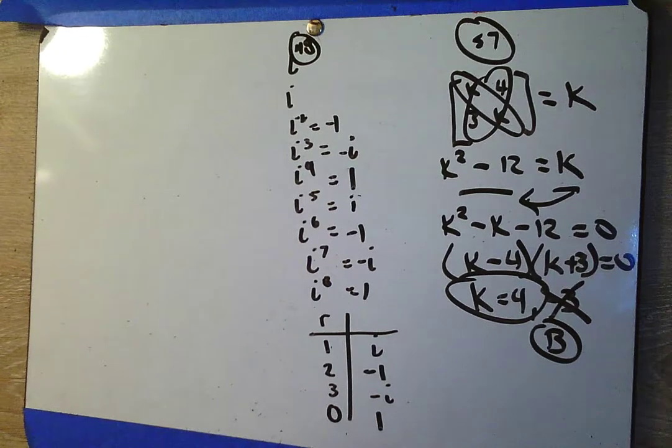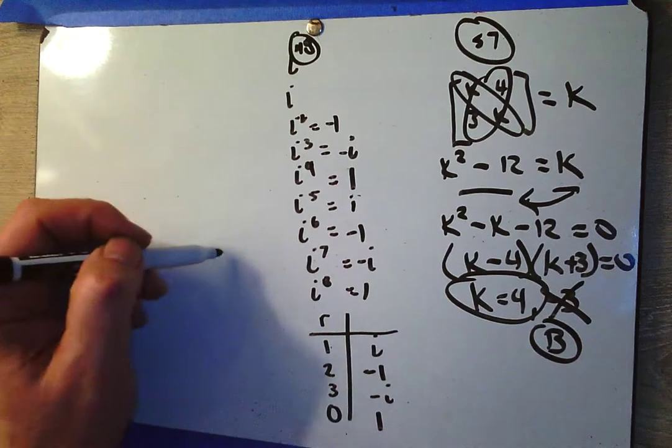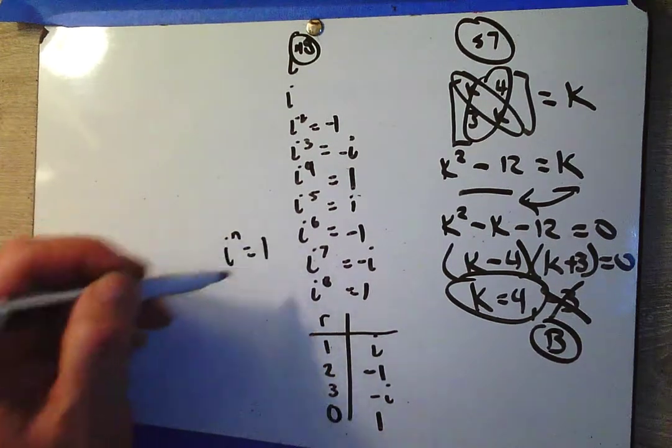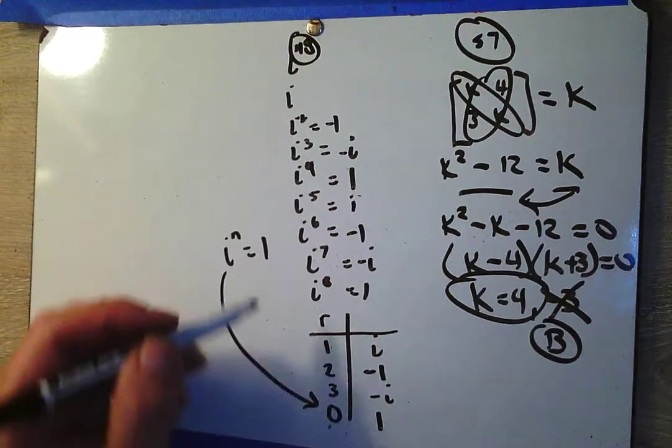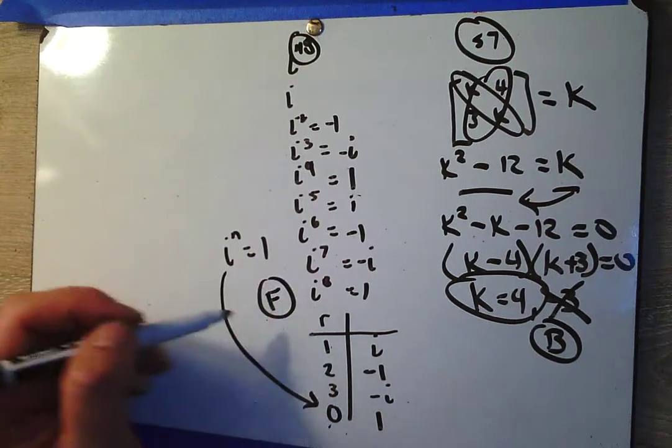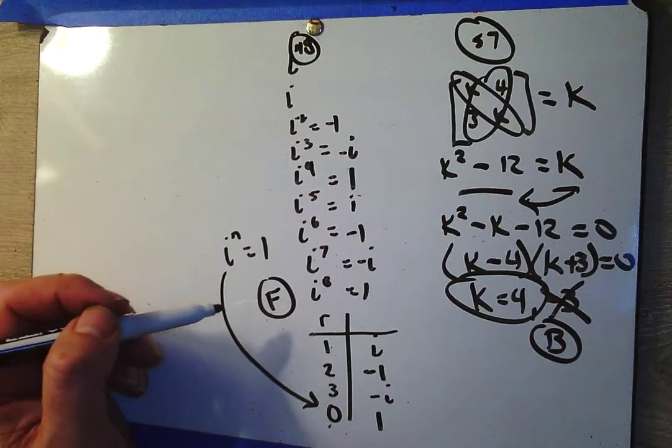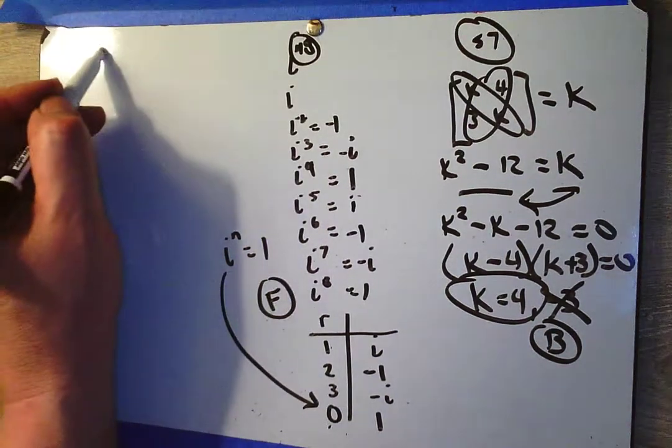Okay, let's see what this question says. Which of the following statements about n must be true? When n is divided by 4, the remainder is 0. And what do we know? We know i to the n equals 1. Well, that happens when the remainder is 0. So that's choice F. F for number 58.